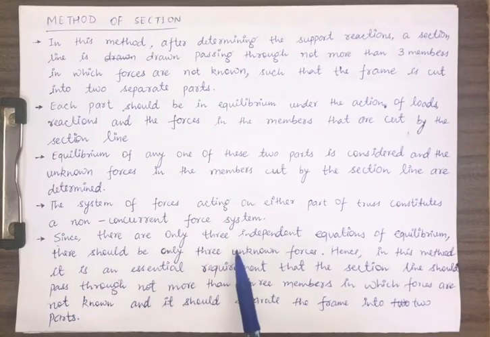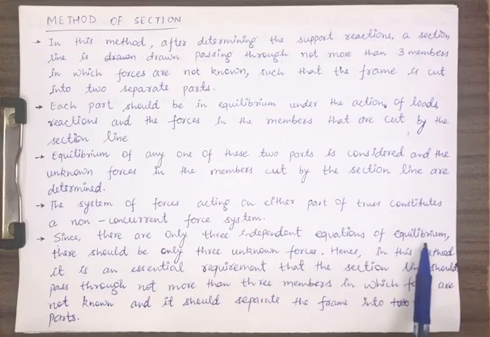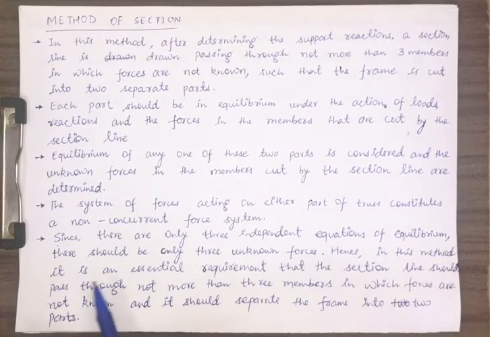Since there are only 3 independent equations of equilibrium that we have studied already, there should be only 3 unknown forces, because we can only determine 3 unknowns.